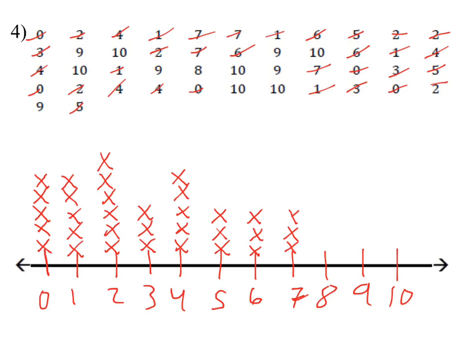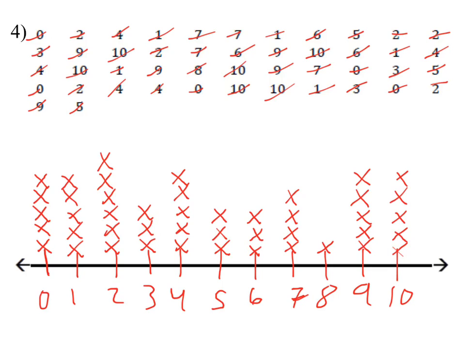And then eights, there's 1. Nines, we have 5 nines. And then tens, 6 tens.